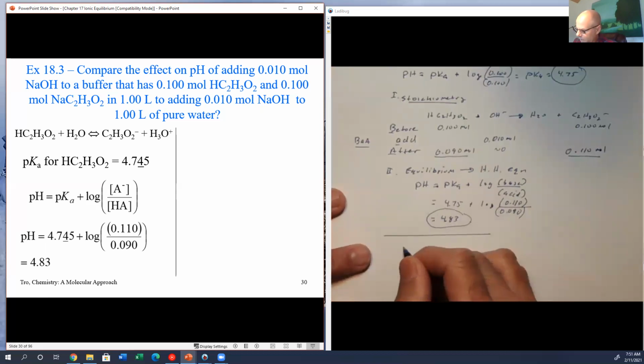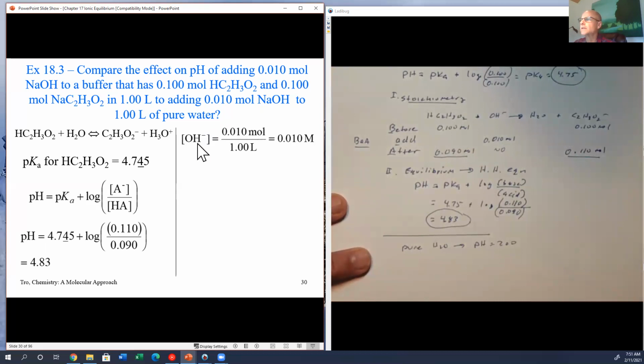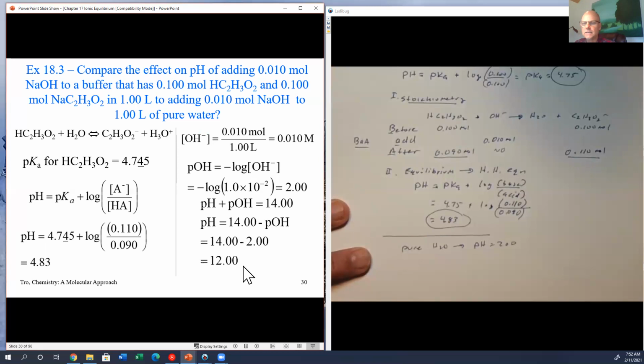So pure water, if it's really pure and has no impurities in it, will have a pH equal to 7.00. Now, what happens when I add 0.01 moles of NaOH to pure water? All of a sudden the OH minus concentration increases to 0.010 molar, and we know that the pOH is 2, so the pH is 12.